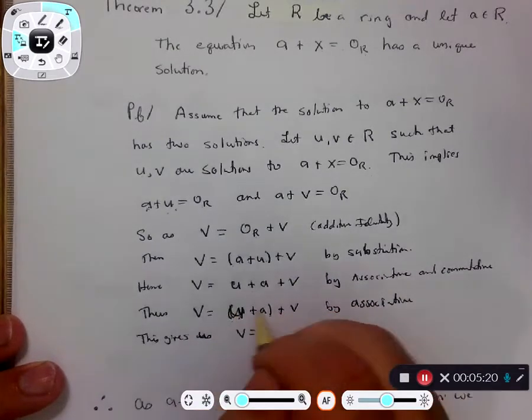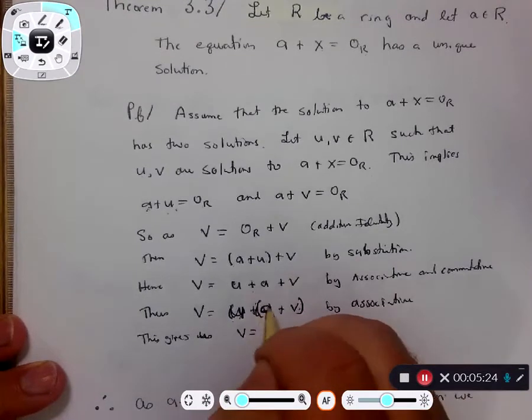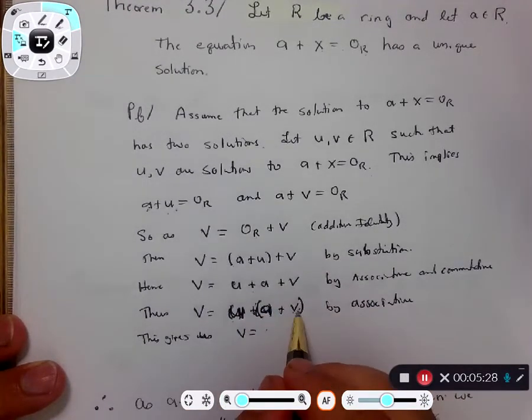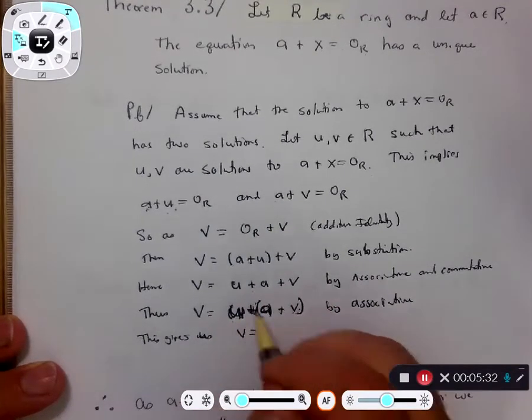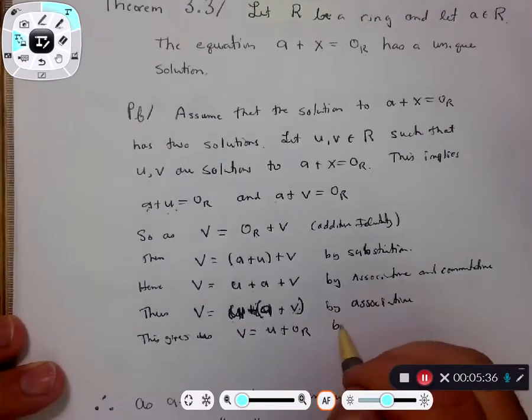This is the U, put the parentheses here, the A plus V. Because the A plus V is your 0, A plus V is 0, so it gives you U plus 0 in R by substitution.